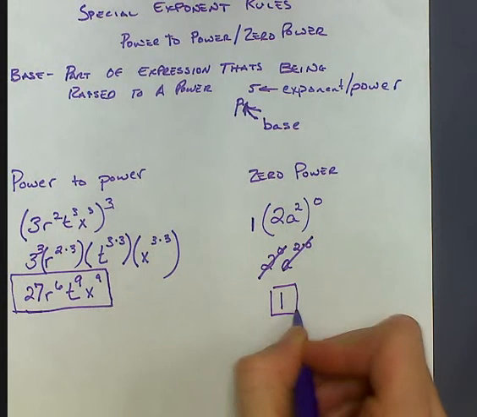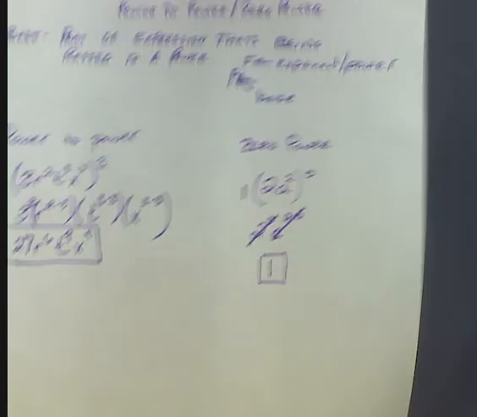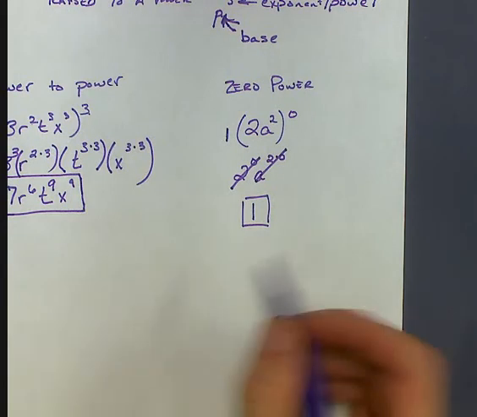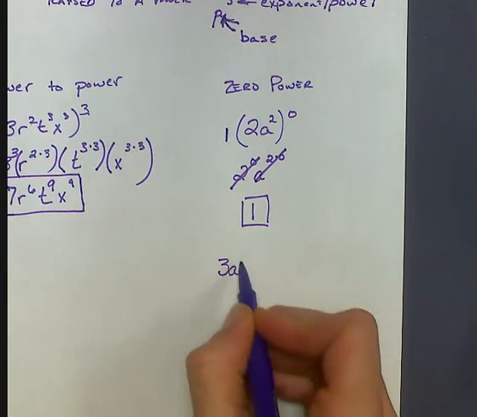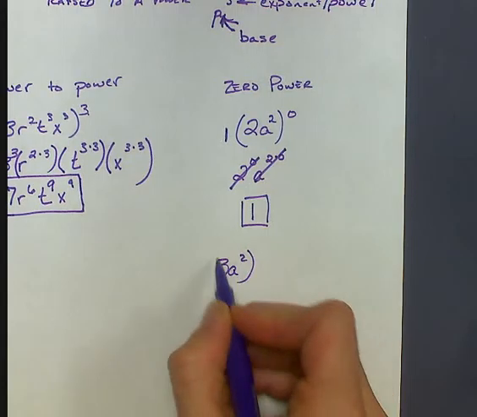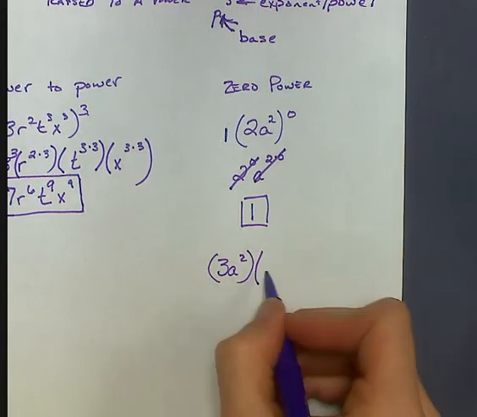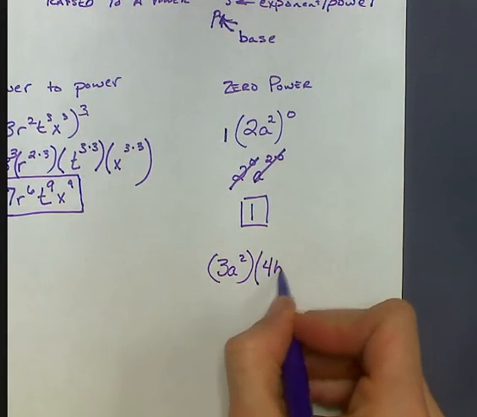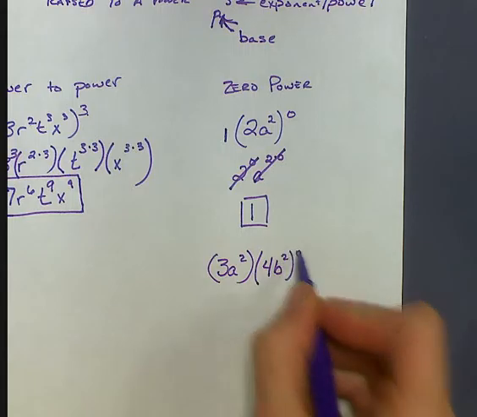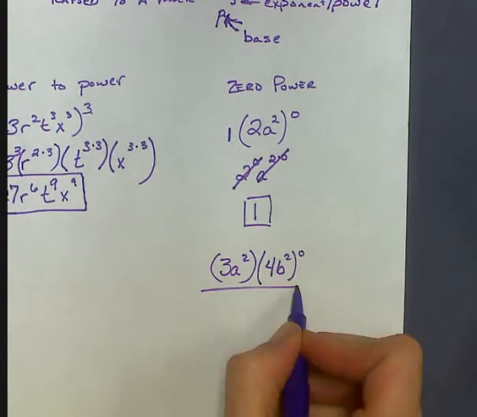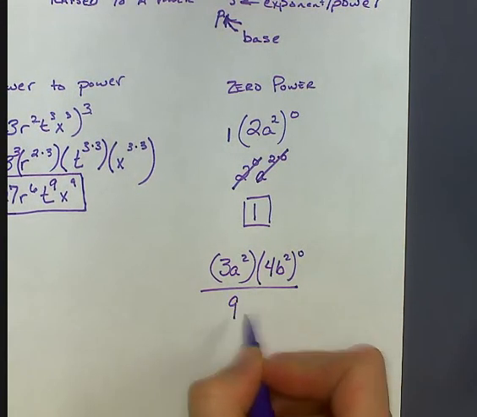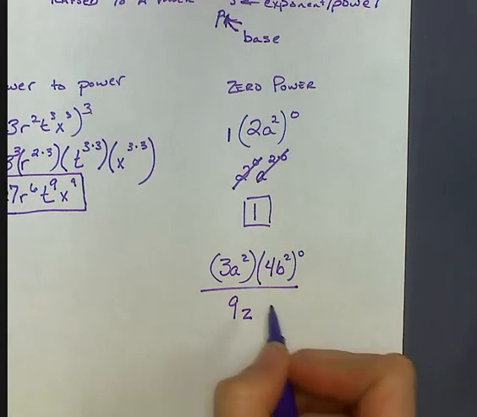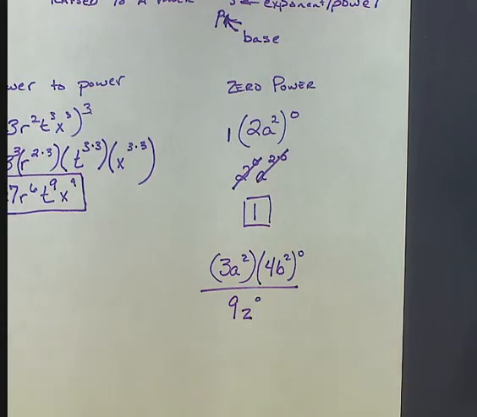Let me give you another example. This time we'll put some numbers outside the parentheses. So let's say we have 3a squared times 4b squared to the 0th power, divided by 9z to the 0th power. Okay?